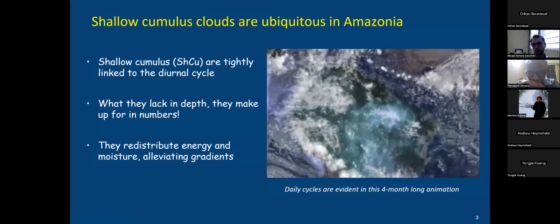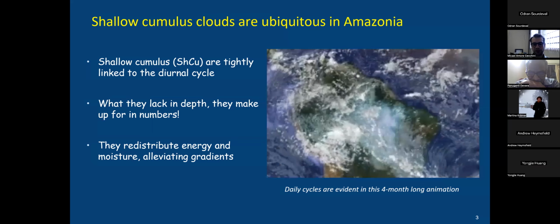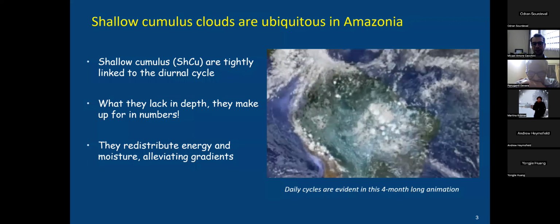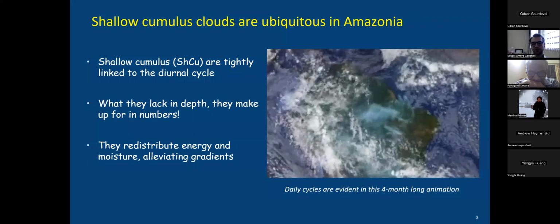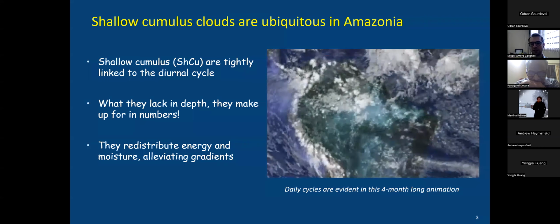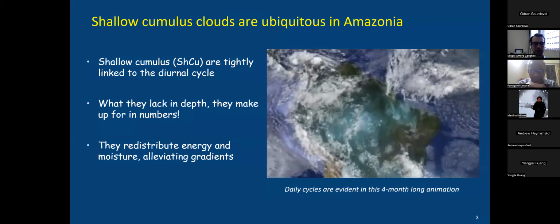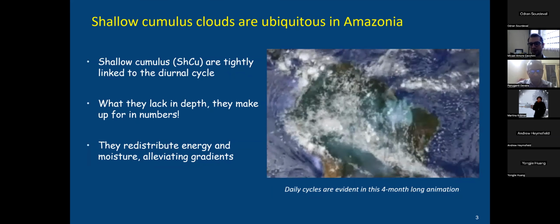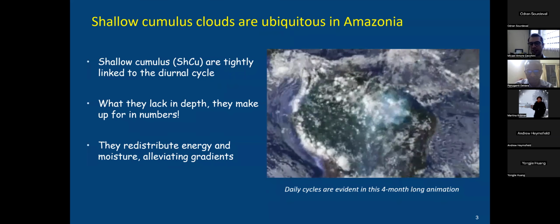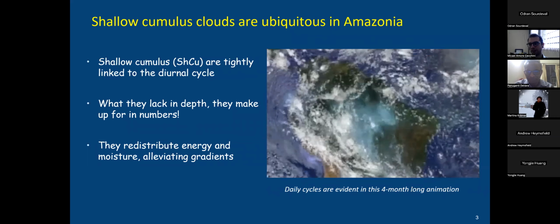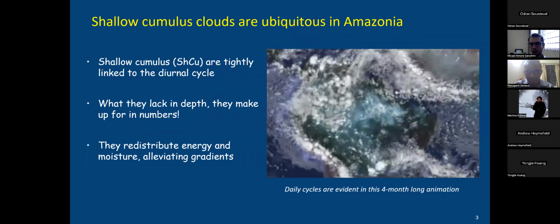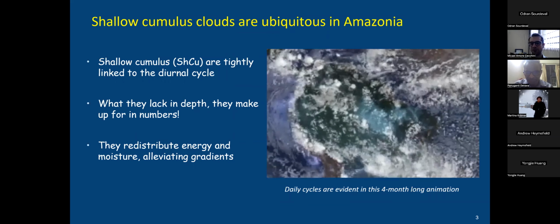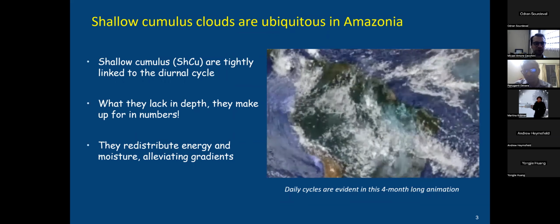So at least we can think that the shallow clouds are not that important for the climate because they are very shallow, and they are smaller, so they reflect less radiation and so forth. But as you can see here in this animation, what they lack in depth, they make up for in numbers. So they cover large areas and they are present basically almost every day in the Amazon.